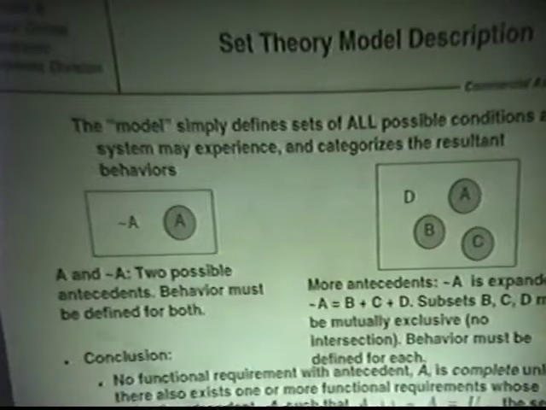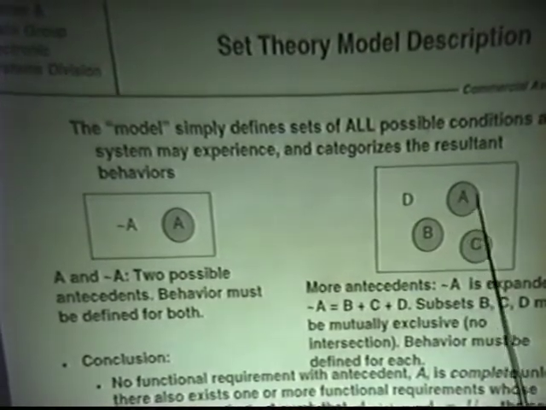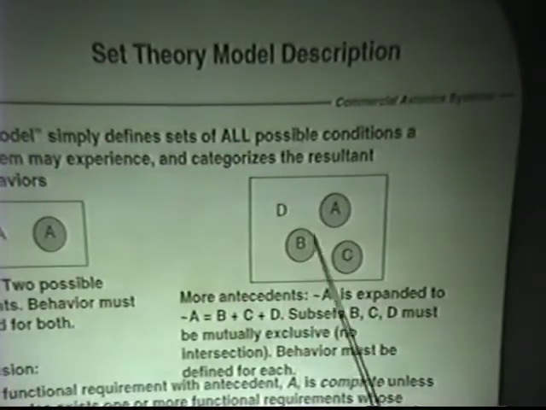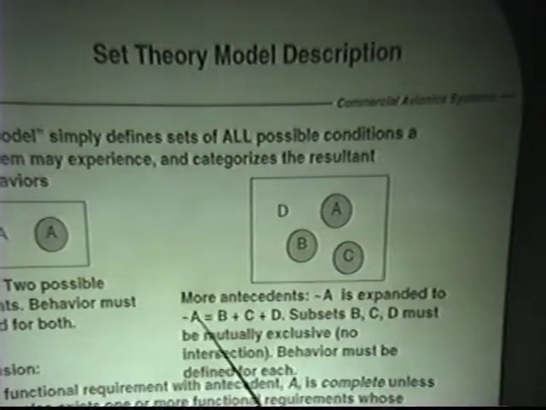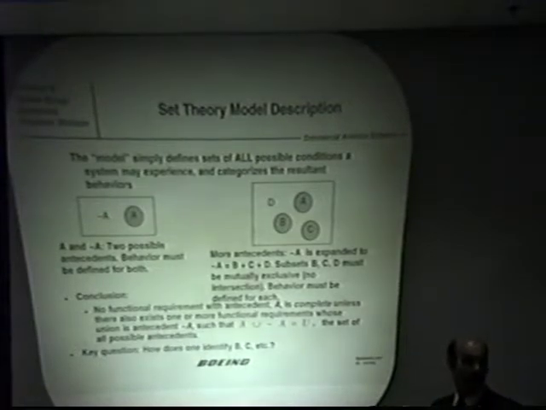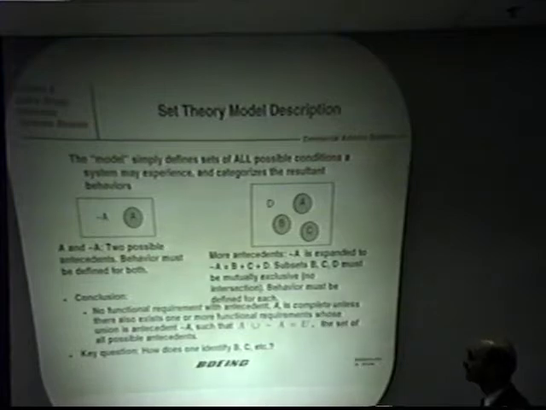First in terms of a set of antecedents A and its complement, or in terms of a set of conditions A and other sets of conditions whose union is the complement, not A. And we asserted that no functional requirement with an antecedent A could be considered complete unless there also exists one or more functional requirements whose union is the antecedent not A, the set of all possible antecedents.